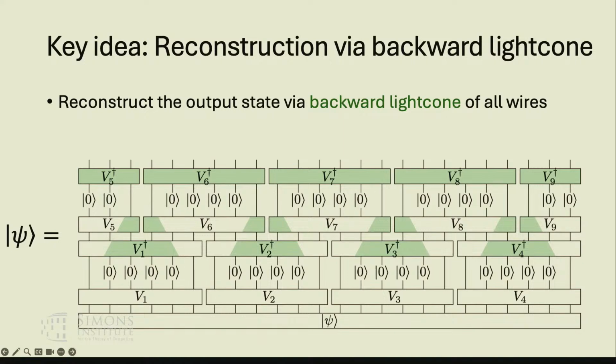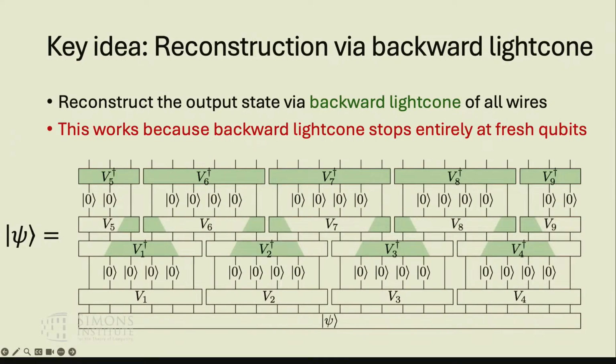But some of the spreading already stops at the top layer of fresh qubits. But some of the spreading continues. But nevertheless, it stops entirely at the bottom layer of fresh qubits. So the key reason that this works is because the backward light cone of the entire output stops entirely at fresh qubits. And now we have the circuit.